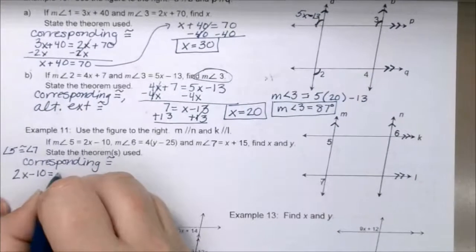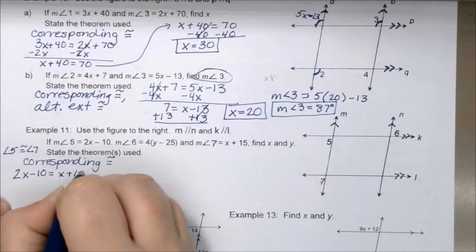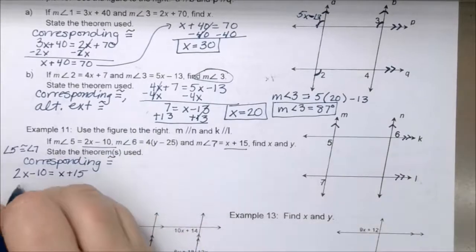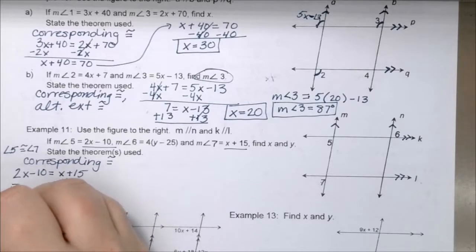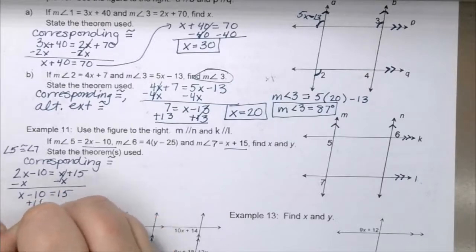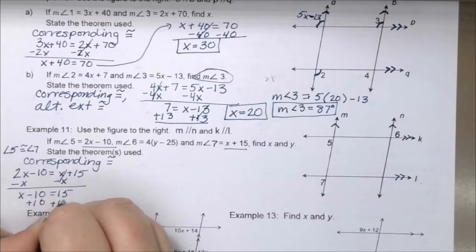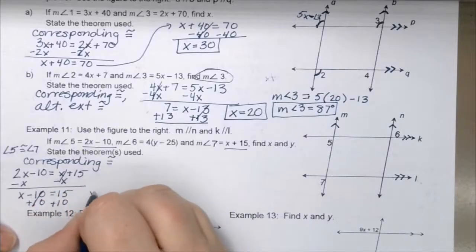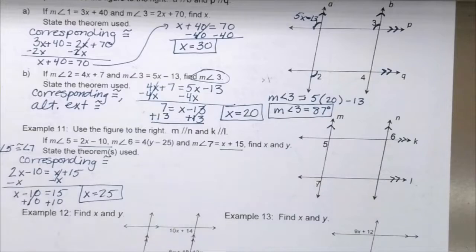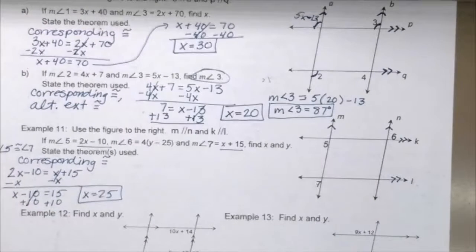Oh, I got x. So if x is 7, 12 times 7, I can get an angle measure. 84. And our angles are a linear pair, so they are supplementary.